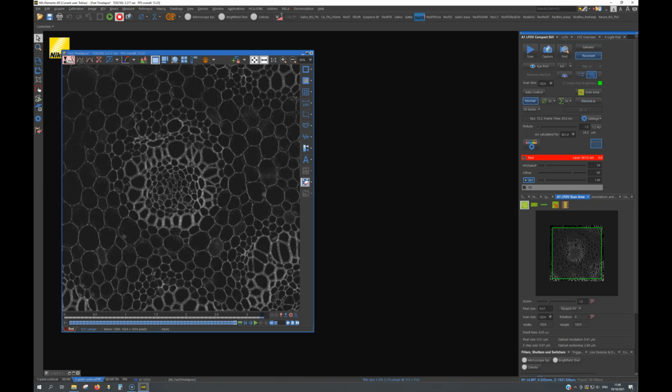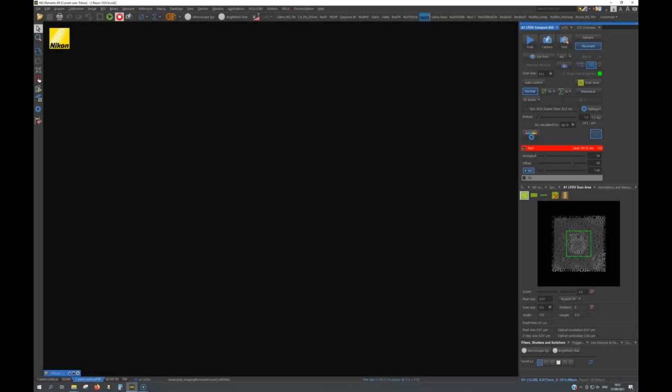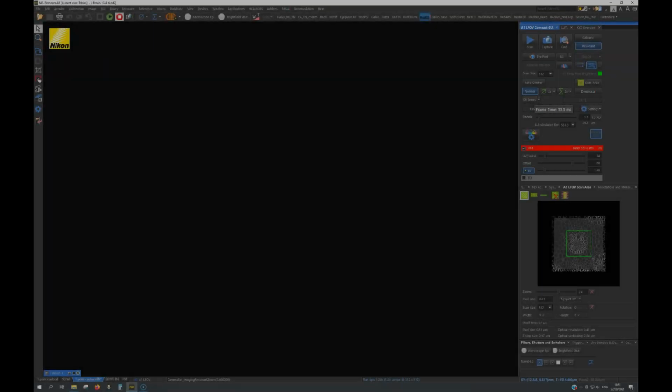We will now acquire a time-lapse with a scan size of 512 pixels. This we will later use as a comparison between single-point scanning and multi-point scanning. Please notice that after decreasing the scan size, the frame time has decreased to 33.3 milliseconds. This happens as we are only scanning 512 lines now compared to 1024 lines previously.